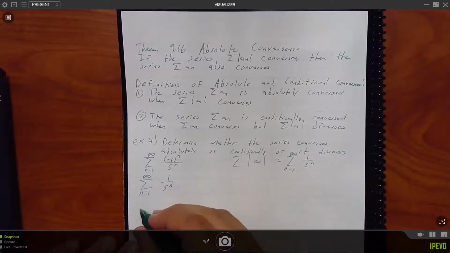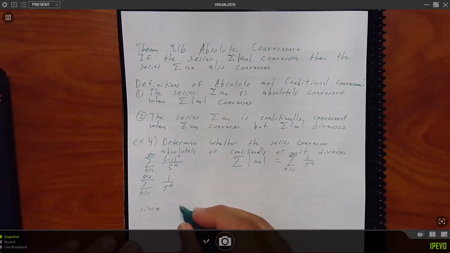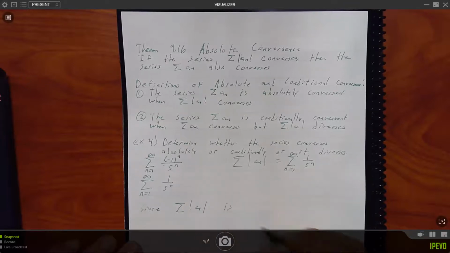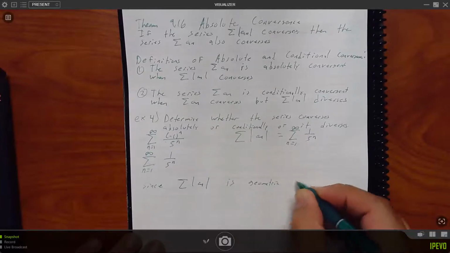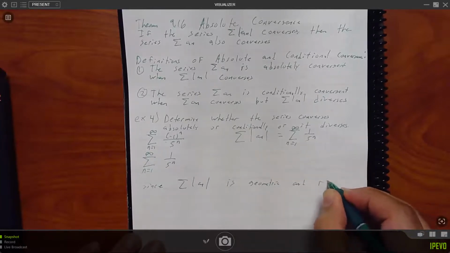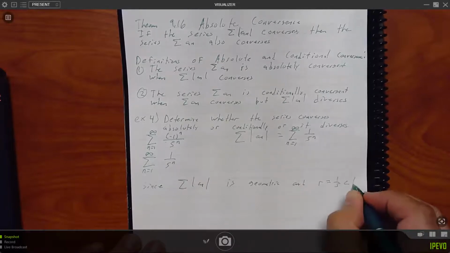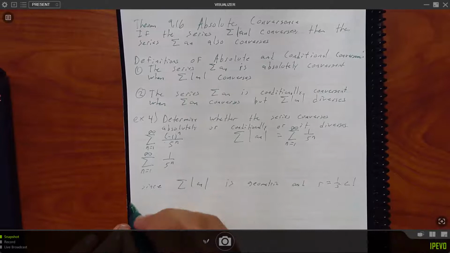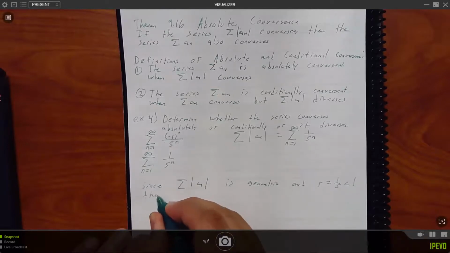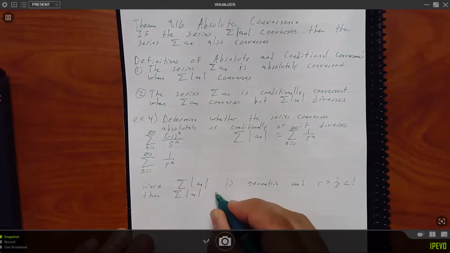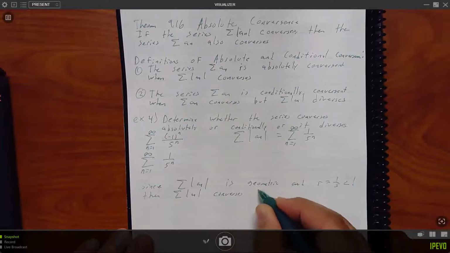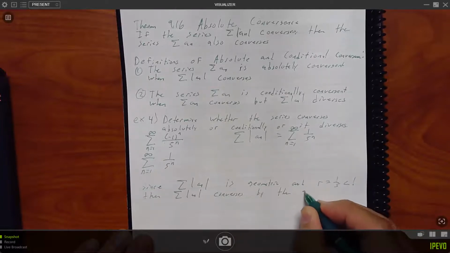So since this is geometric, and R is equal to 1/5, which is less than 1. Remember, we said that was a requirement. Then the absolute value of a sub n converges by the geometric test.